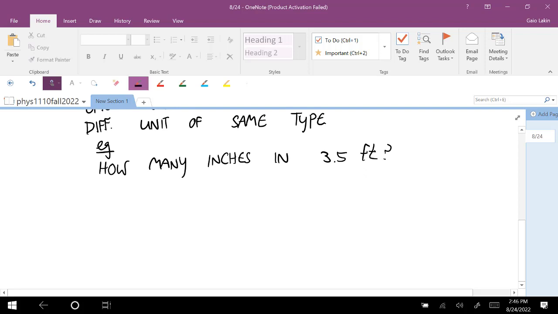So here's the general approach. Two units of the same type always have a conversion between them.